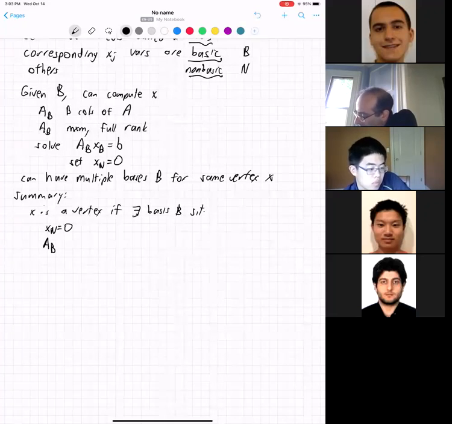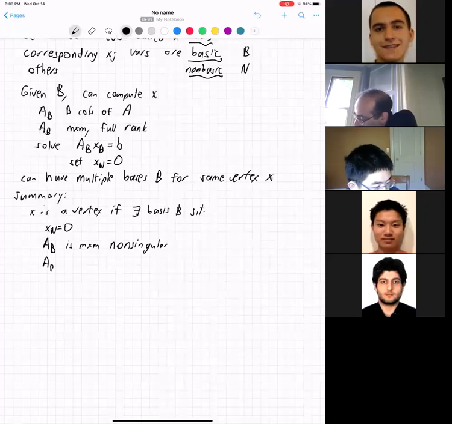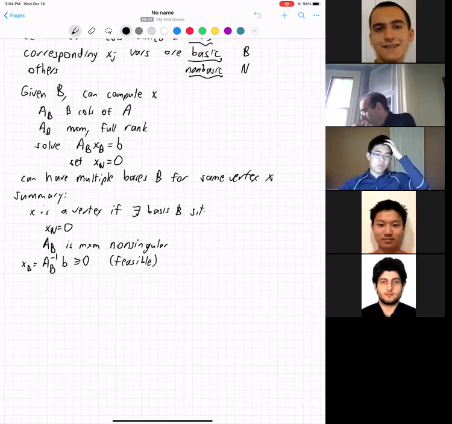This submatrix, which is m by m, is non-singular. And the solution for the basic variables, namely A_B inverse times B, which is equal to X_B, is greater than or equal to 0, because this is required for feasibility. Okay?